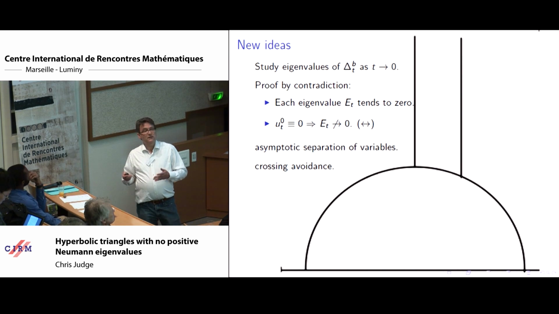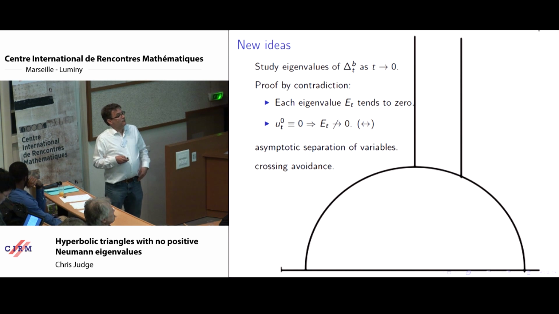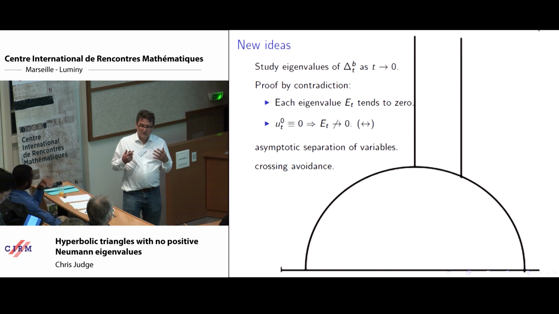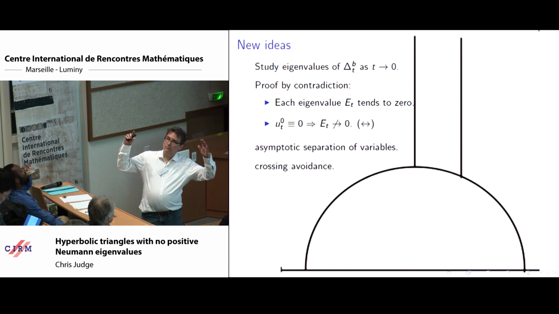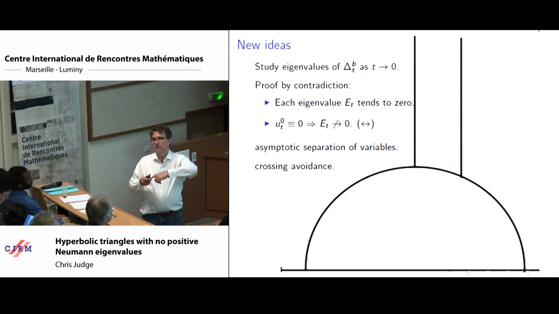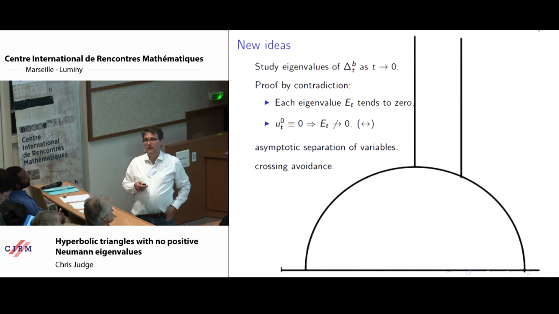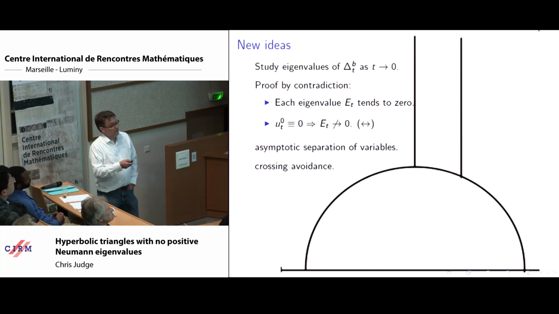So it doesn't work just in the hyperbolic setting, it works in other places too. It works basically when you have a multidimensional problem where you can collapse geometrically to one dimension, where you can do separation of variables or collapse everything to an ODE. And that's what we're doing here.